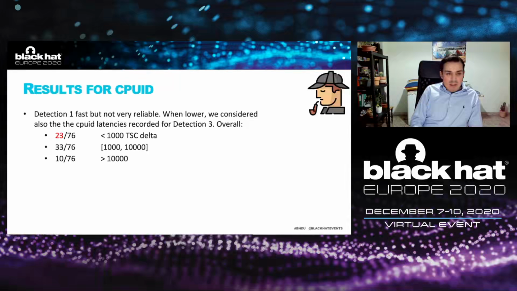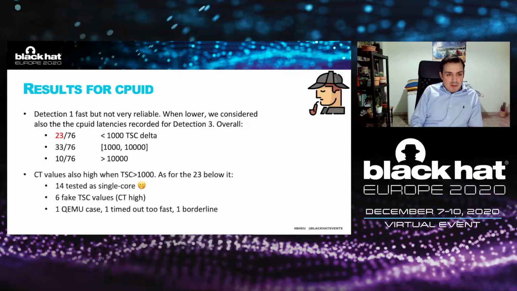The other machines failed the test, and with the counter thread we also obtained high values. For those that passed the test, 14 were single core, and so they are trivially detected. For 6, we were observing fake timestamp counter values, because the counter thread measurements were high and were revealing the actual latency of CPUID.